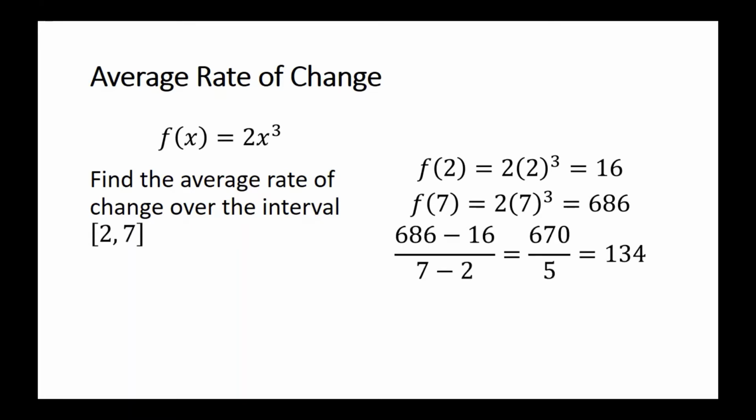We're then going to take f of 7 minus f of 2 over 7 minus 2. So 686 minus 16 over 7 minus 2, which is 670 divided by 5, or 134. So the average rate of change of this function over the interval from 2 to 7 is 134.